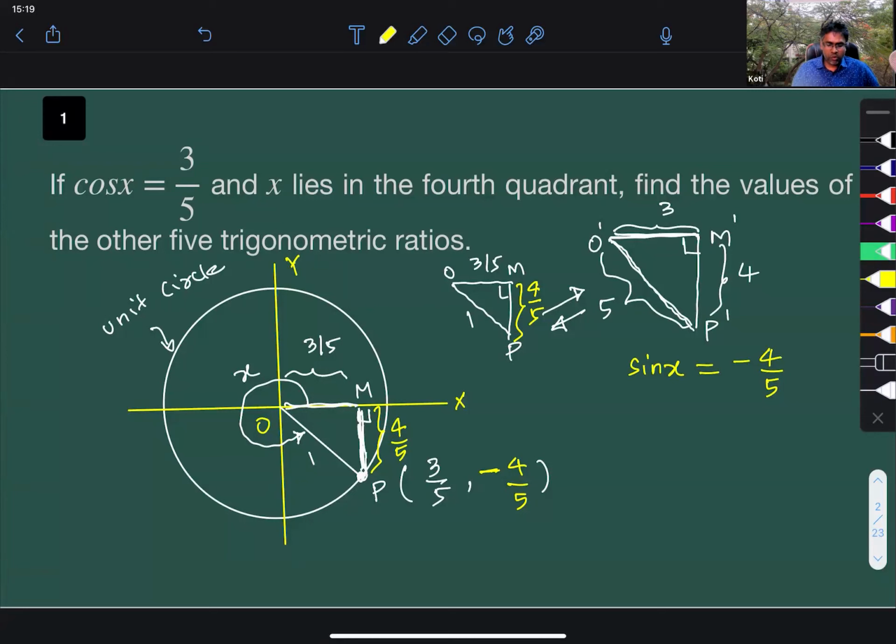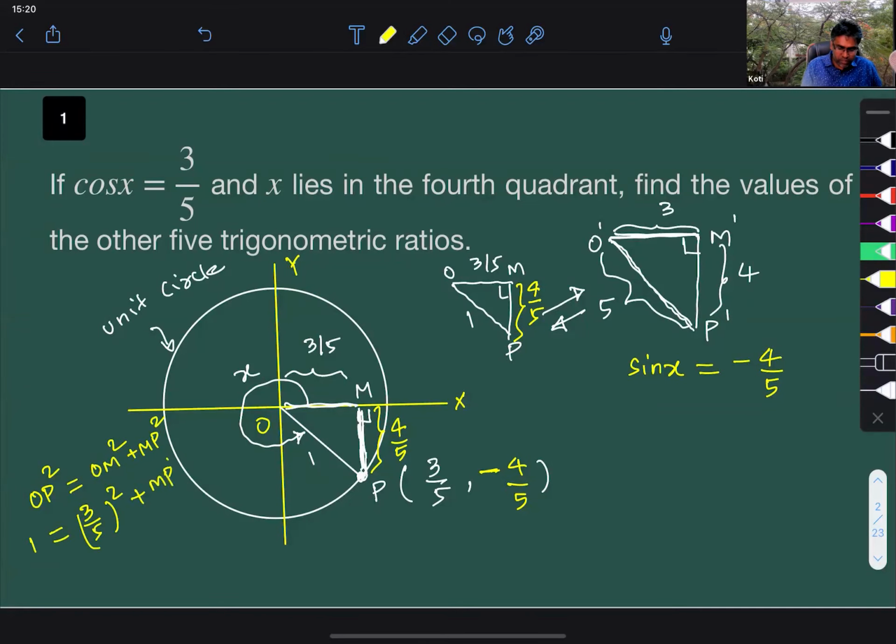Now OP is 1, OM is 3 by 5. I can just use the Pythagoras theorem here, right? So OP square is OM square plus MP square. When I do that, OP square is 1, OM square is 3 by 5 whole square, plus MP square.